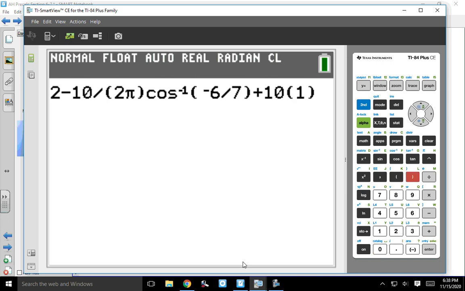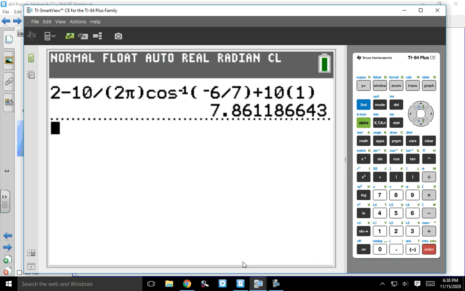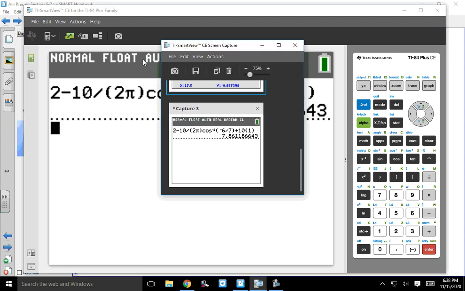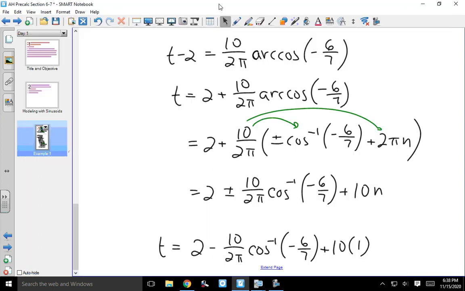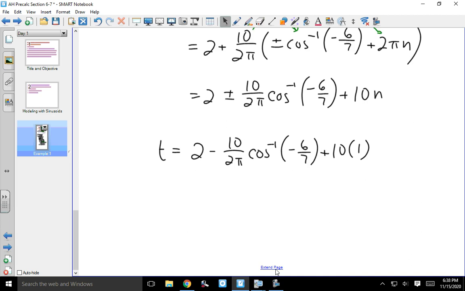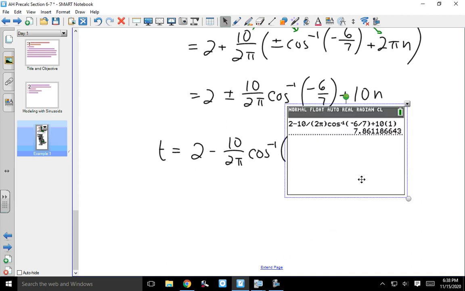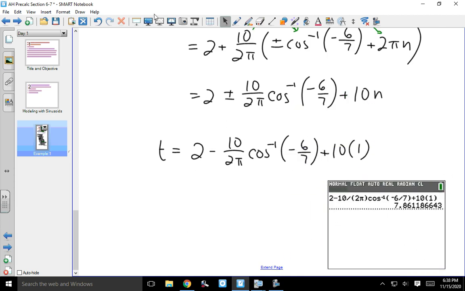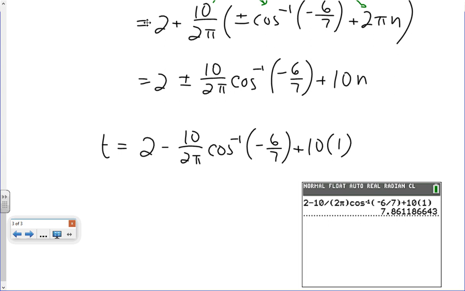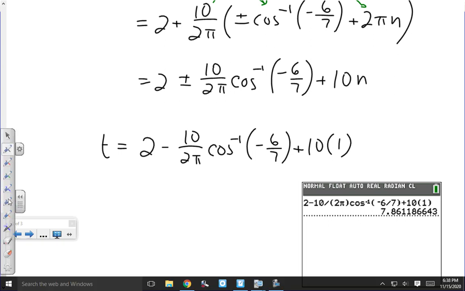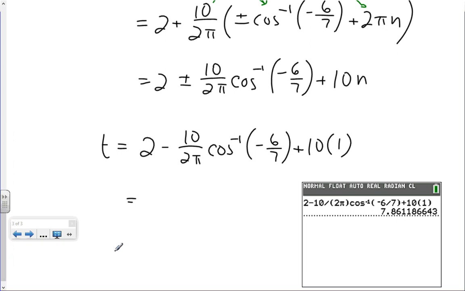And we're saying that this should be just after 7 seconds is what we are claiming that we're going to get, 7.861. That sounds pretty good. Let's copy that. So we get this is equal to 7.861. And make sure you're including units here in your answers. That should be in seconds, should be our answer.